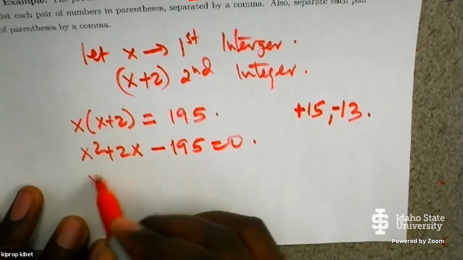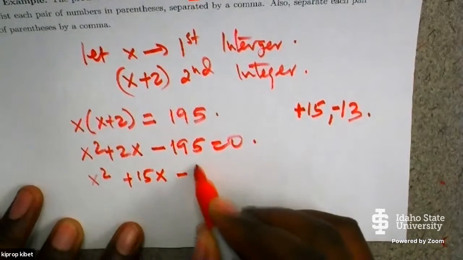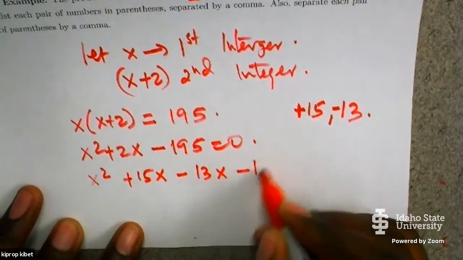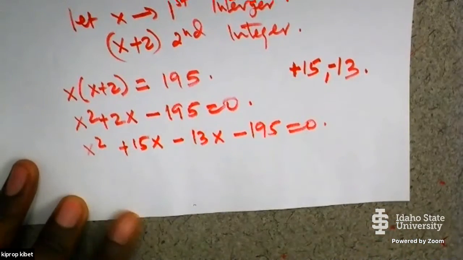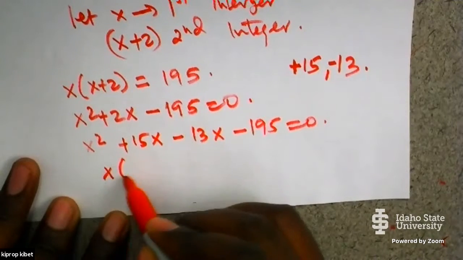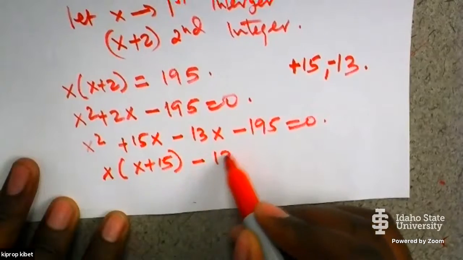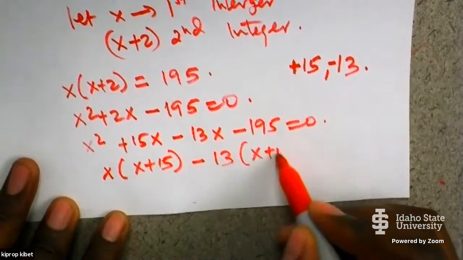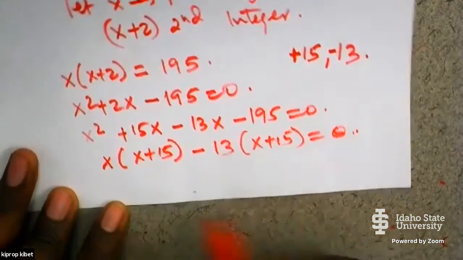So it will be x squared plus 15x minus 13x minus 195 equals 0. So grouping this, x plus 15 minus 13 times x plus 15 equals 0.